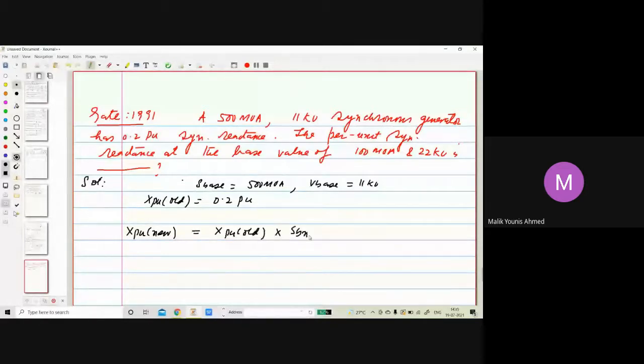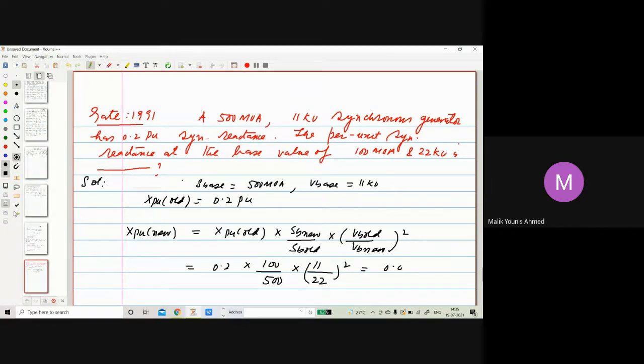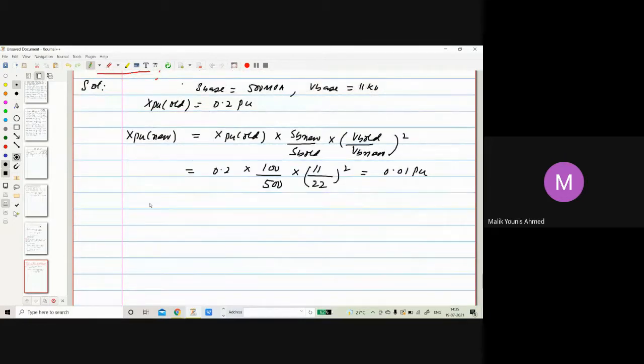S base new is 100, S base old is 500, V base old is 11, V base new is 22, whole square. So that value comes out to be 0.01 per unit. Very simple numericals. So X per unit new is 0.01.